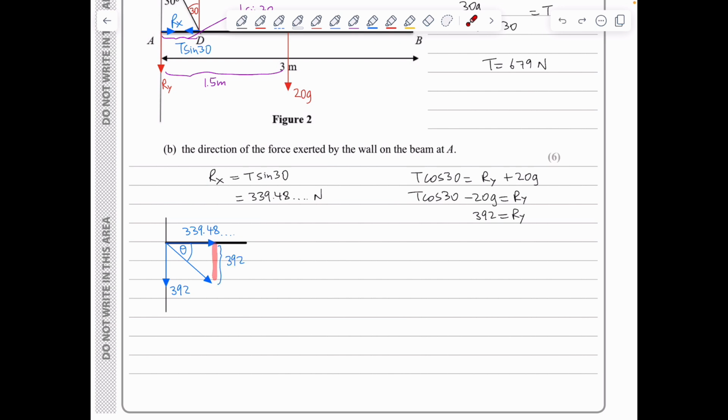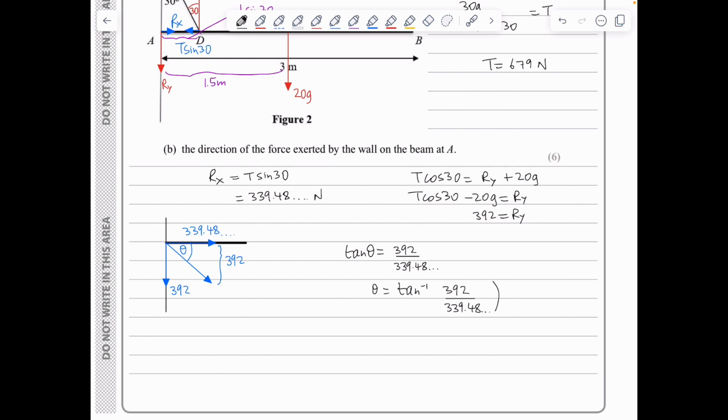So we can see that this part here is 392. So obviously this leads to tan theta being equal to 392 over 339.48. So we can say that theta can be found by doing shift tan of 392 over 339.48.